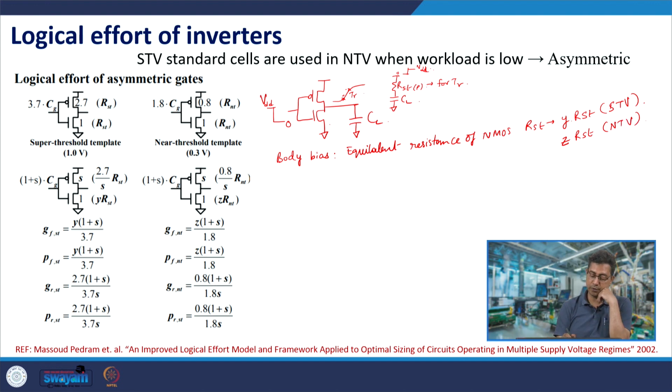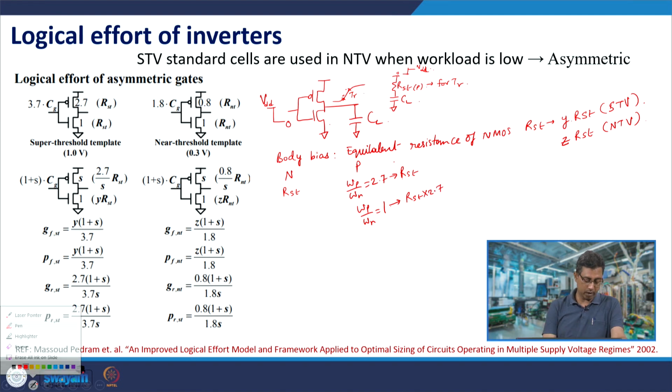And what about the P MOSFET? Okay. N MOSFET in nominal voltage would have an equivalent resistance RST. P MOSFET, when WP by WN is equal to 2.7, would have resistance RST, so both would have equal resistances. Now, when WP by WN is 1, the equivalent resistance of the P MOSFET by the same reasoning would be RST into 2.7, because the width of the P MOSFET device has reduced by 2.7 times.